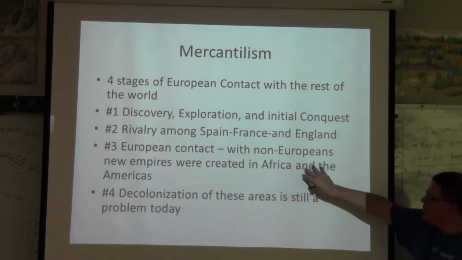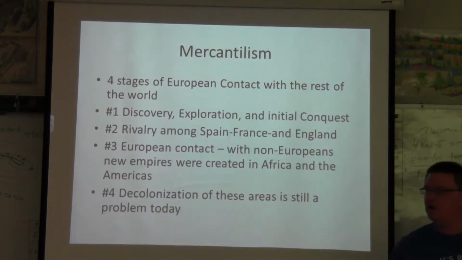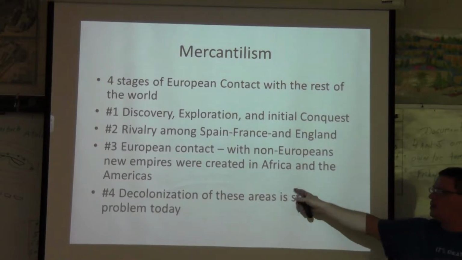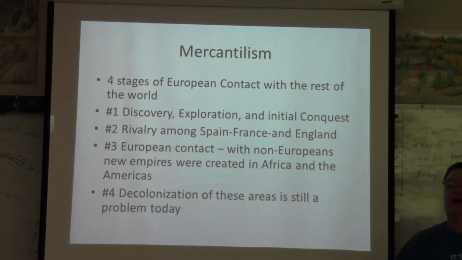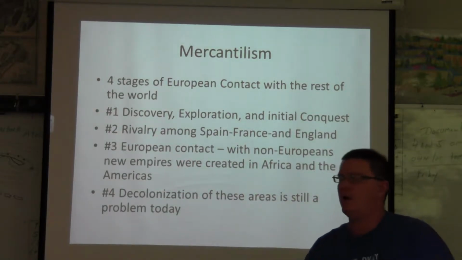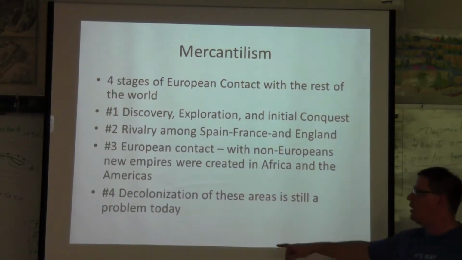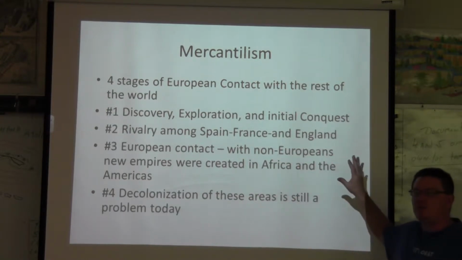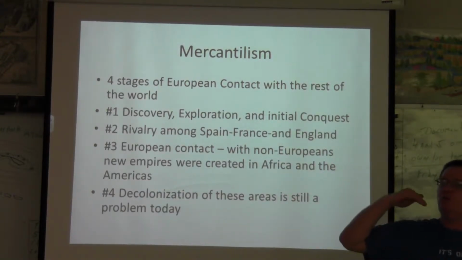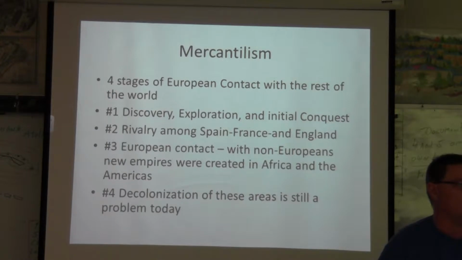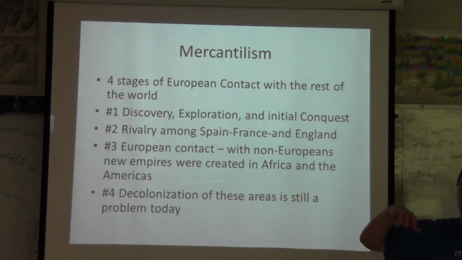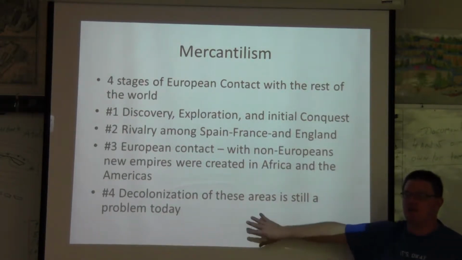Step 3 is European contact with non-Europeans. How European empires are going to be built in Africa and North and South America. We're going to go and set up shop where the necessary raw materials are. And as a result, this will go up through World War II, and when World War II is over, the Europeans will just tap out of the territories that they've controlled and just leave them.